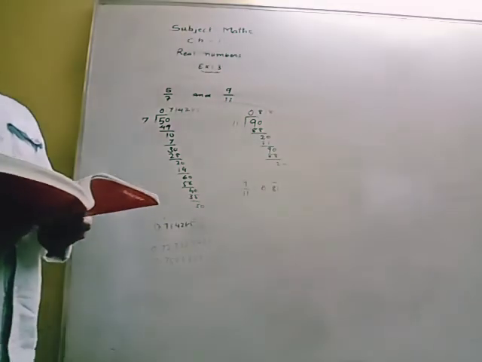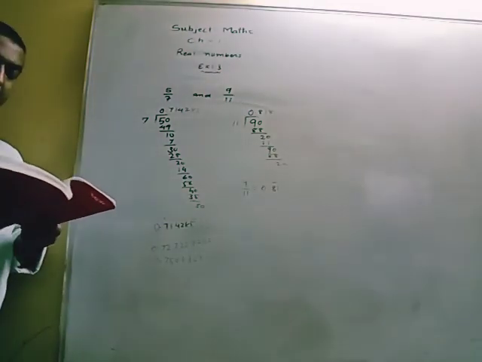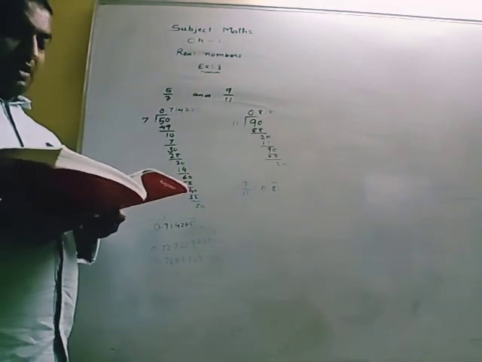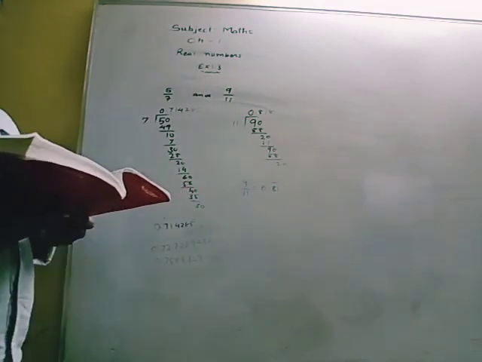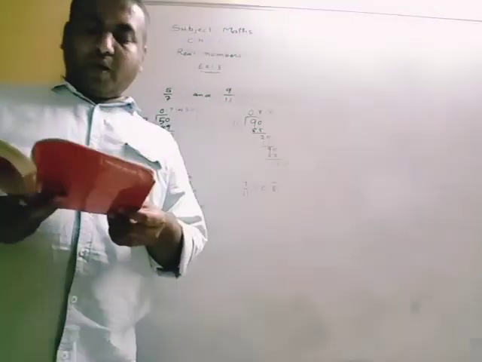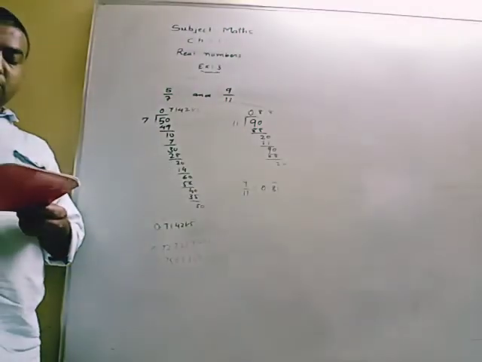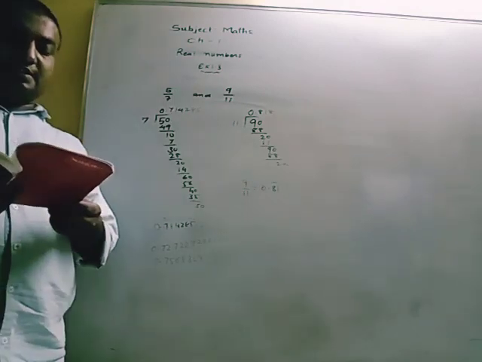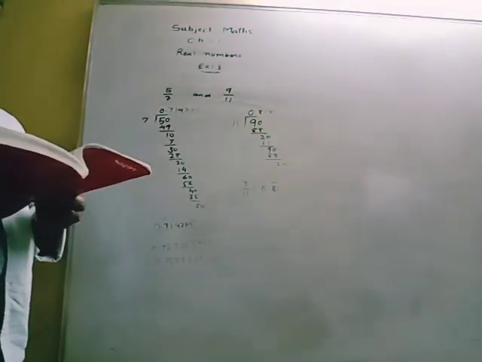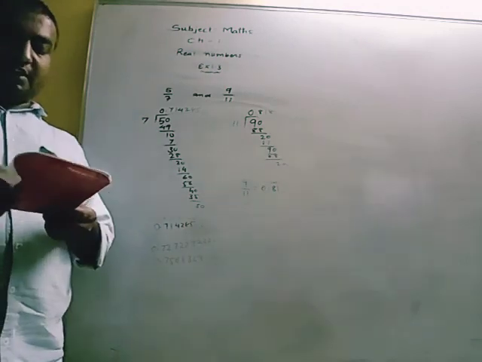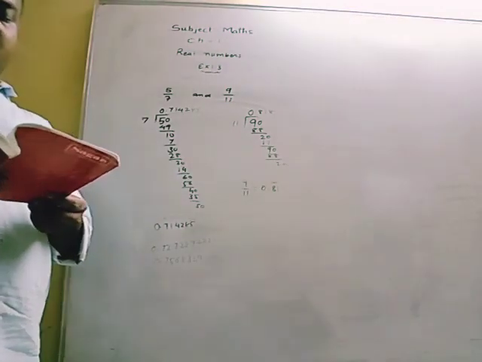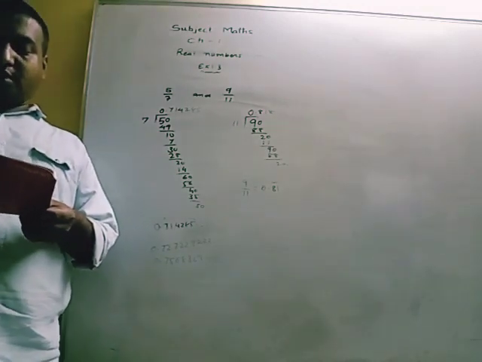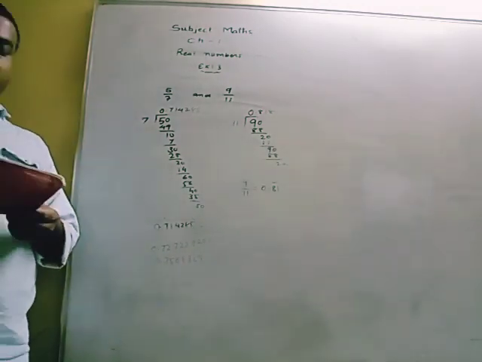Root 225, it is the square root of 15 squared, and so it is a rational number. 0.3796 is a finite decimal, and so it is also a rational number. 7.478478, it is repeating, meaning non-terminating recurring decimal, so it is rational. And 1.10100100, a non-recurring non-terminating decimal, is there, and so it is irrational.